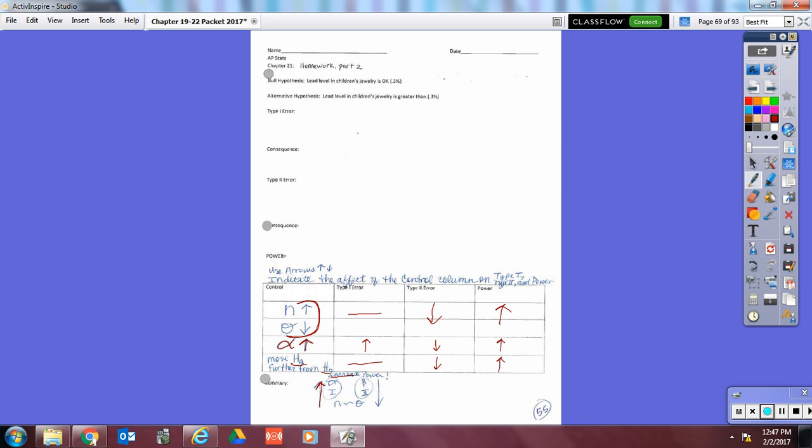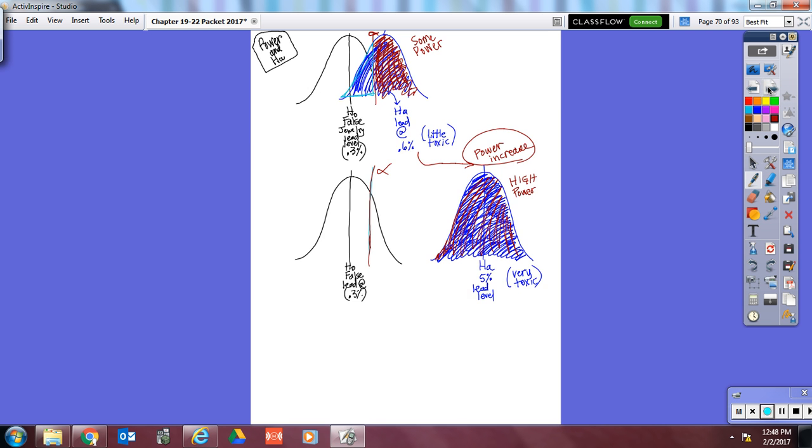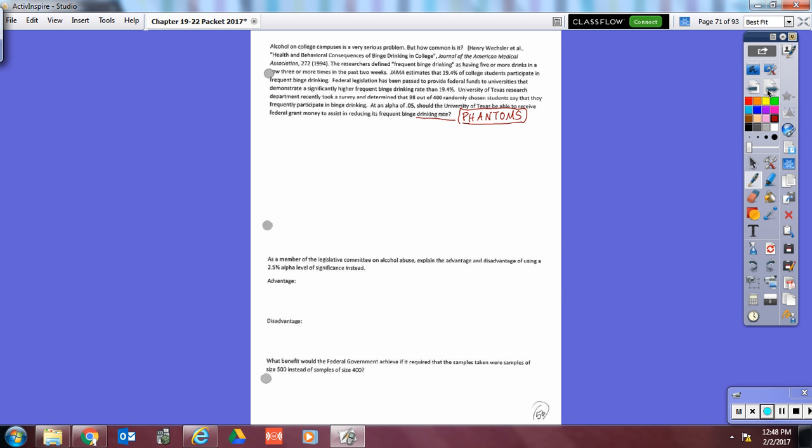Let's take a look at 56 real quick. On this page, the top problem is running a test to see if the university gets federal funding or not. So I want you to start working on pages 55 and 56.